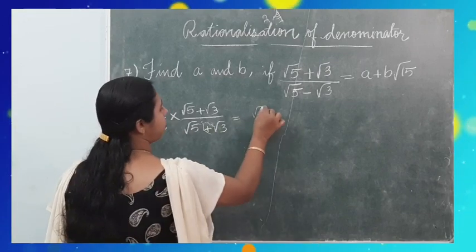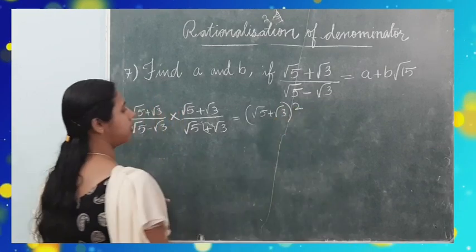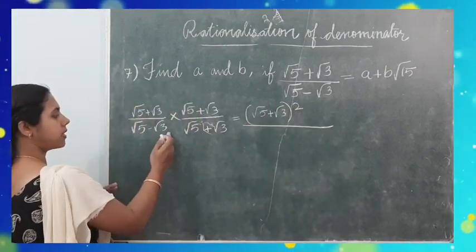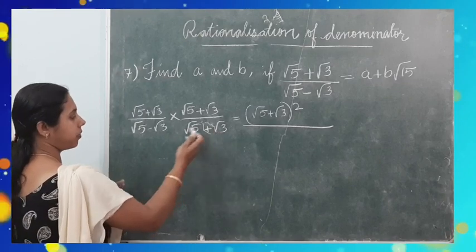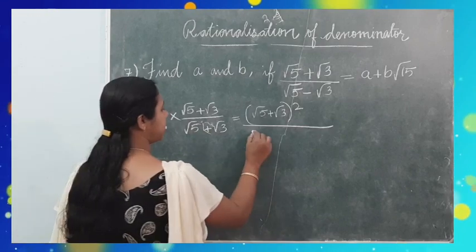So root 5 plus root 3 whole square divided by, so a plus b into a minus b form, root 5 minus root 3 into root 5 plus root 3.